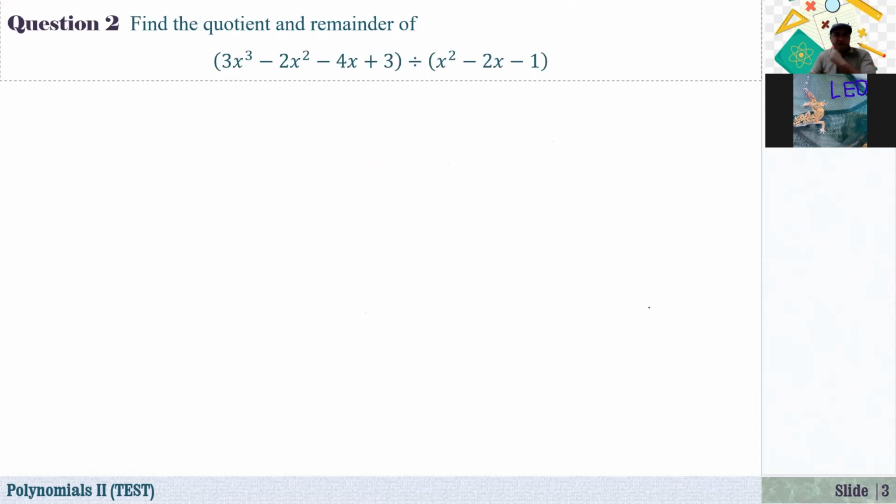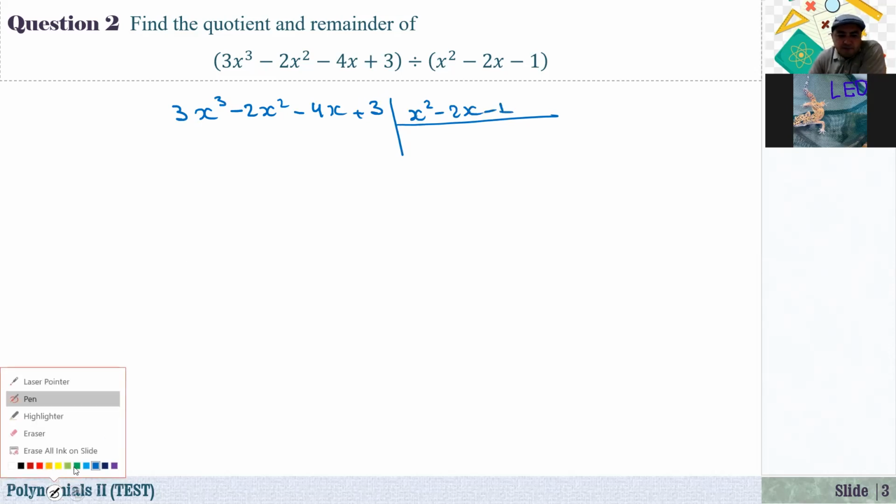Another example, find the quotient and remainder of this. Again, have a look first. All the polynomials are written in standard form, so we have to carry out the division. 3x cubed minus 2x squared minus 4x plus 3 is divided by x squared minus 2x minus 1.